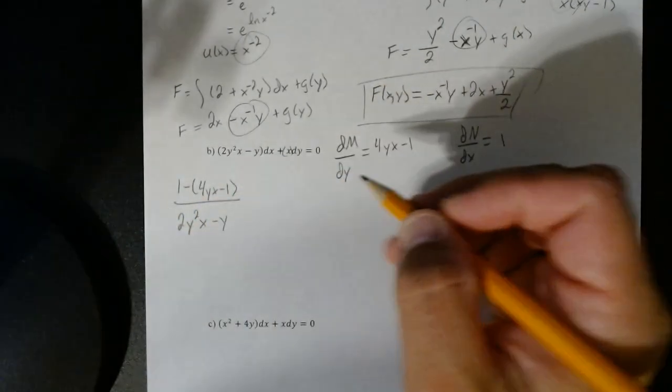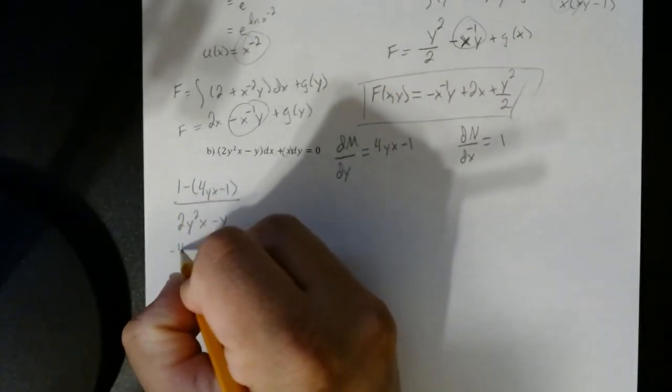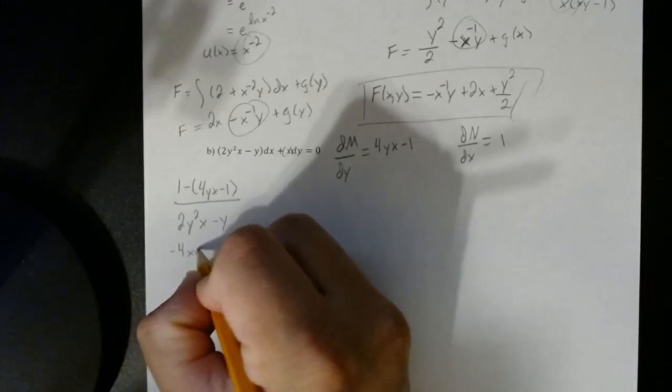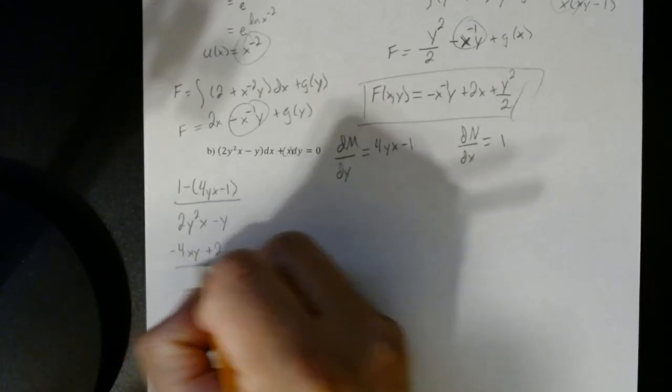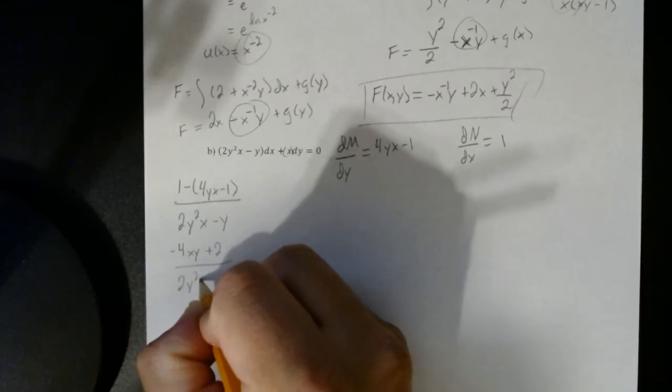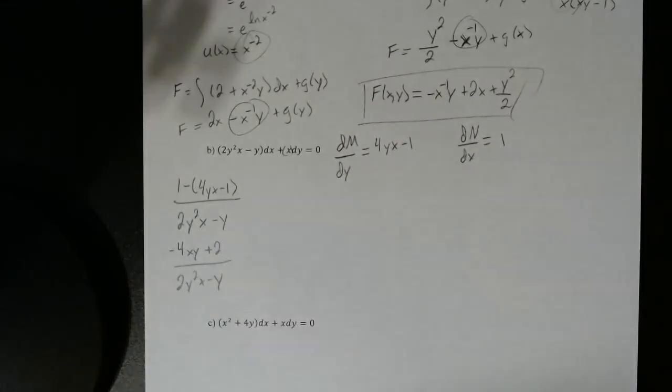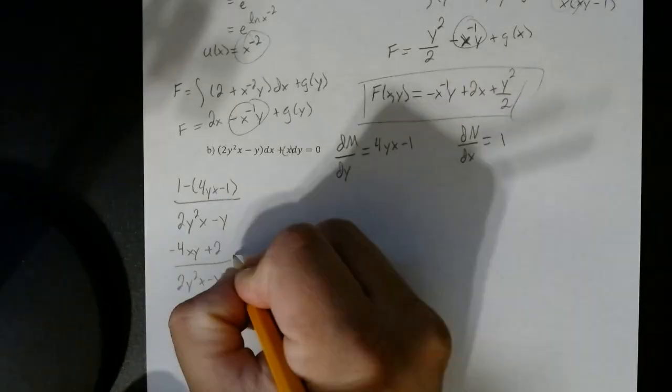Right, so simplifying this a little bit, we get that. And notice we might do the same thing we did last time, so we're going to have to factor some stuff out.